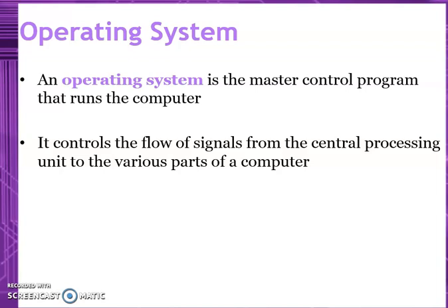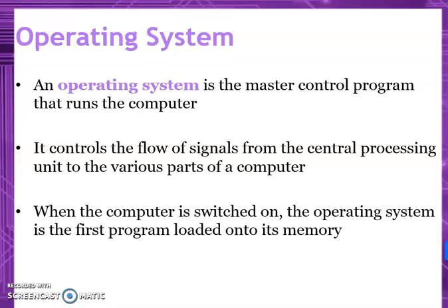If there is no operating system, then the user cannot communicate with the computer. The operating system is the main thing which helps the user communicate with the computer. So the operating system means your Windows, which helps the user communicate with your hardware.